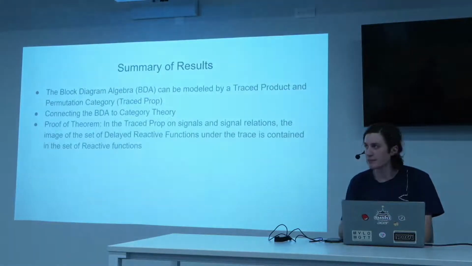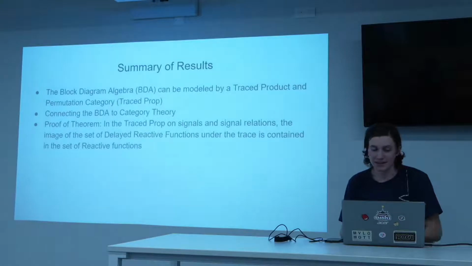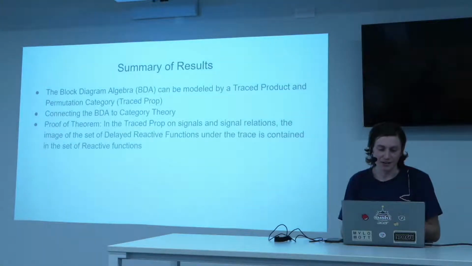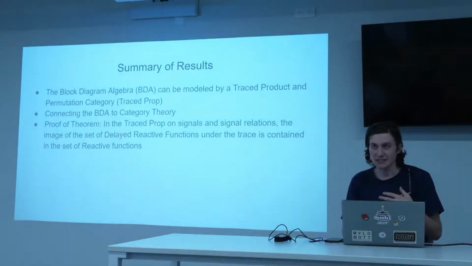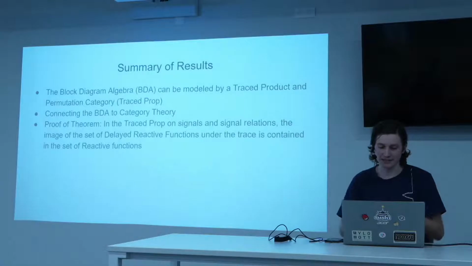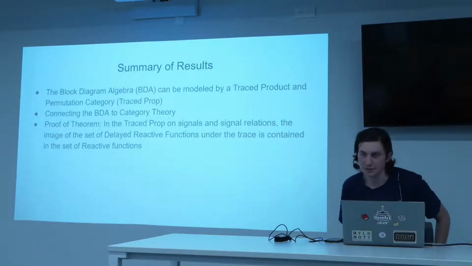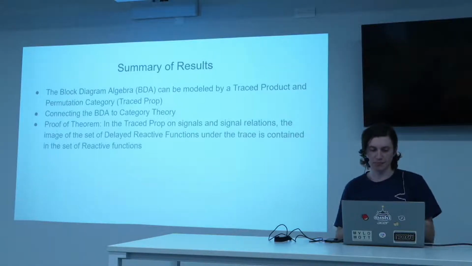And essentially what that means later on is that the one sample delay that we find in the definition of Faust's recursion operator is necessary for allowing the equations to have answers to them, and it keeps the properties of the reactive functions that are signals.